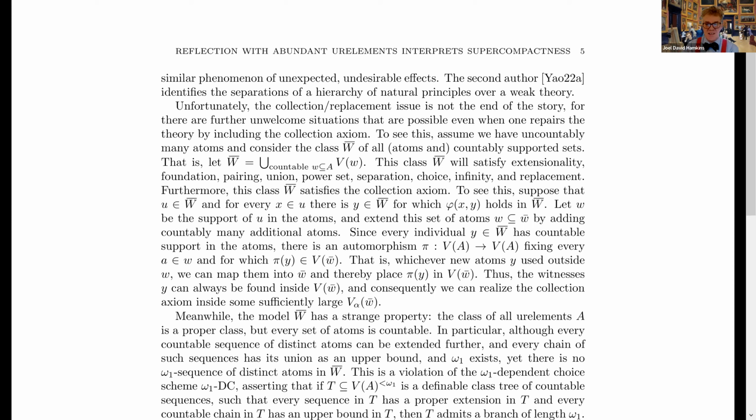And so whatever witness is to be found can be moved so that its support is contained in the original set of atoms plus those countably many new ones. And therefore, you can find the collecting set with countable support.